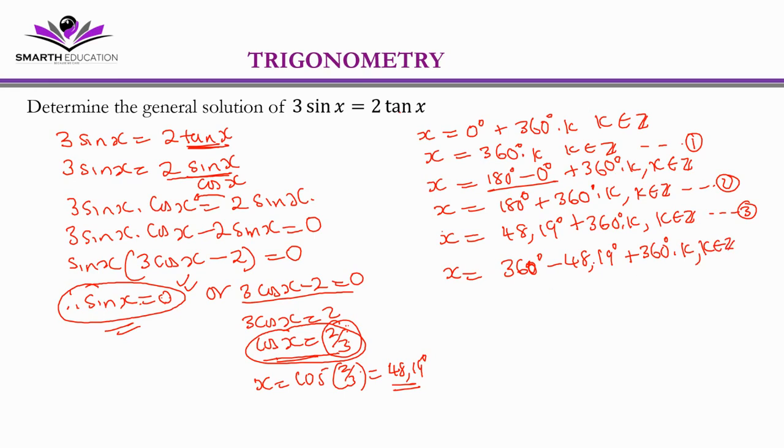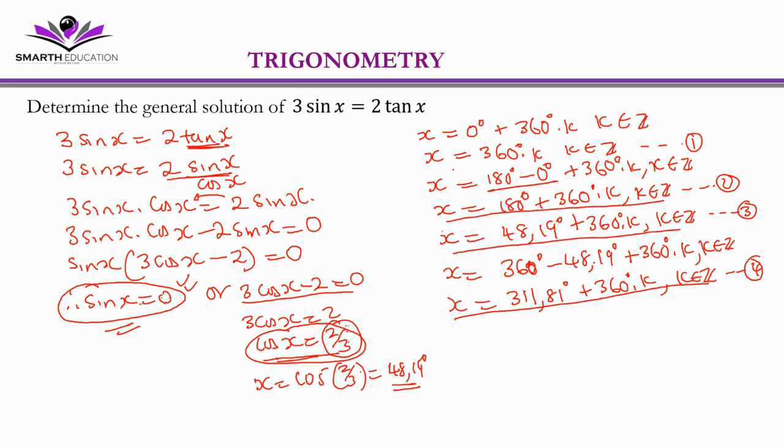So 360 degrees minus 48.19 gives x equal to 311.81 degrees plus 360 degrees times k, where k is an integer. That is the fourth one. So our general solutions are 1, 2, 3, and 4, and you can list them nicely here. That's what you're supposed to do.